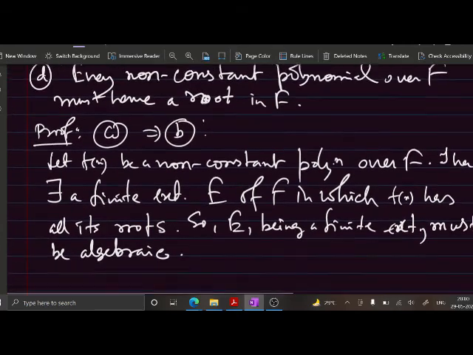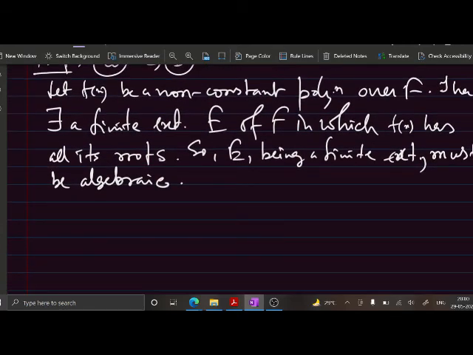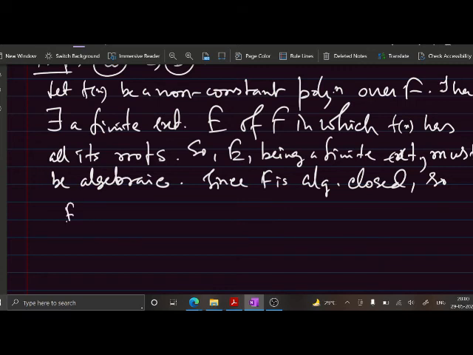Now you can apply your definition of algebraically closed fields. So since F is algebraically closed, E must be equal to F. So F contains all the roots of f(x), so f(x) can be factored completely into linear factors in this.